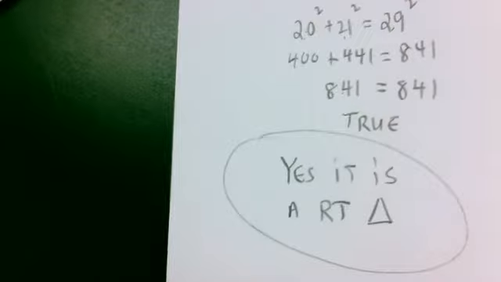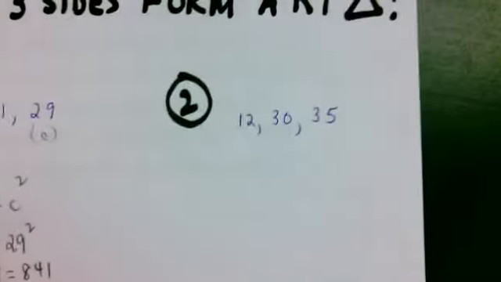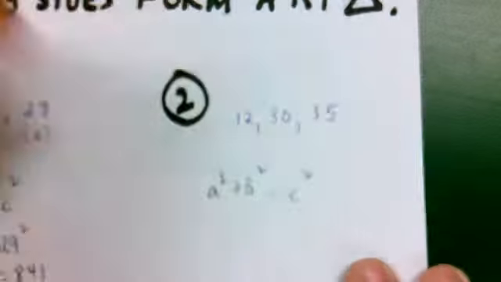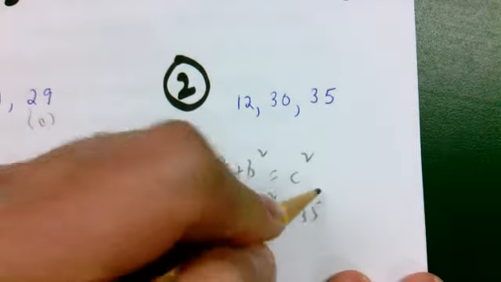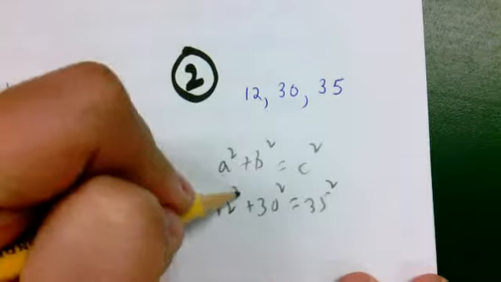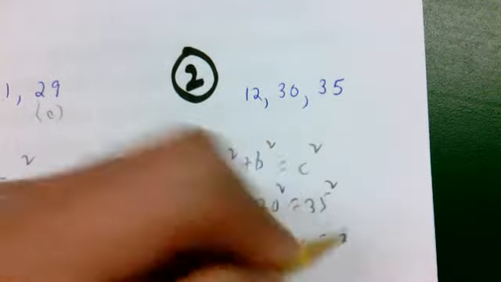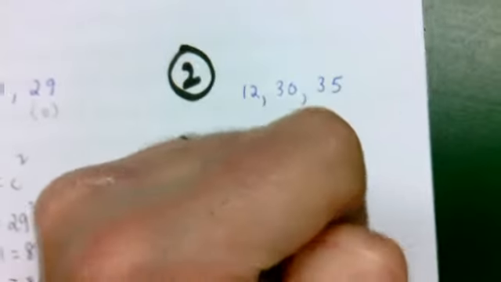Alright, let's try number 2. If we test number 2, a squared plus b squared equals c squared. 12, 30, and 35. So we're going to run through this a little bit quicker. This we get 144, this we get 900, and what do we get when we get 35 squared? Use my calculator. 35 squared, we get 1,225.